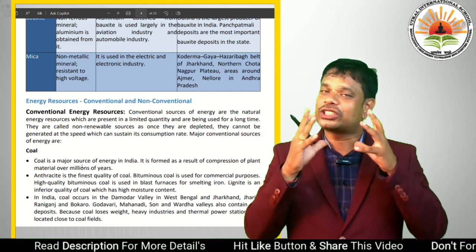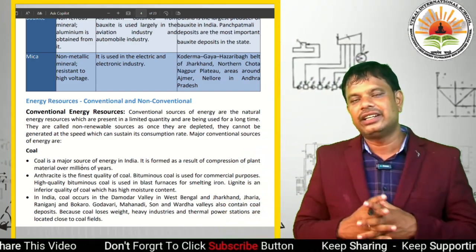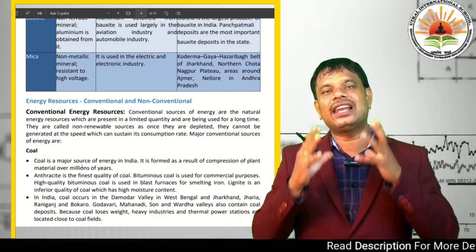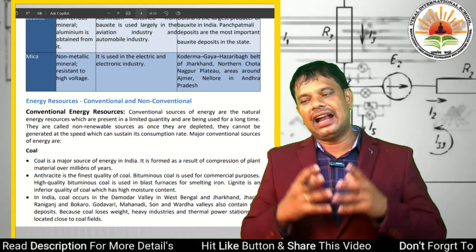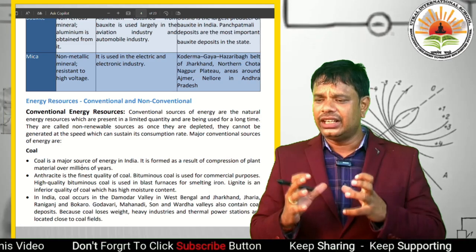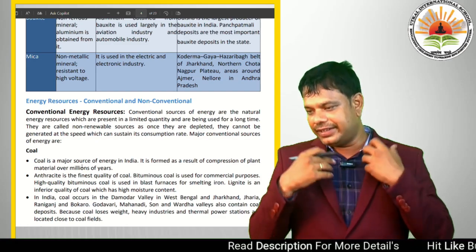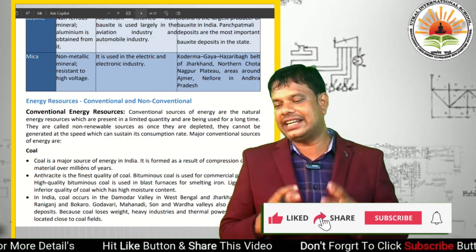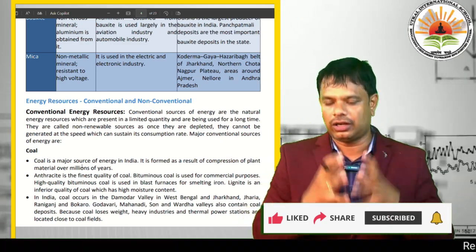Conventional resources of energy are the natural energy resources which are present in a limited quantity and have been used for a long time. They are called non-renewable sources, as once they are depleted, they can't be generated at the speed which can sustain their consumption rate. Major conventional sources of energy are, dear students, coal.